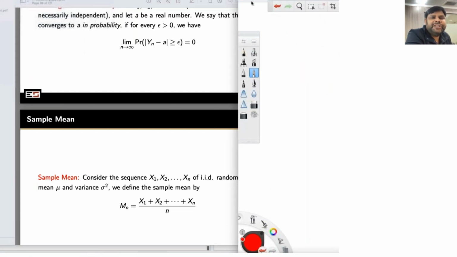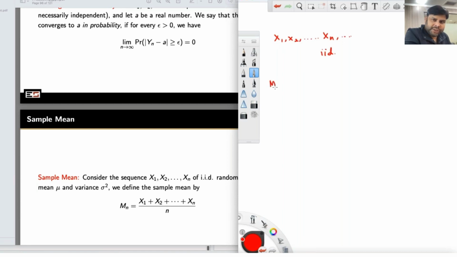We have an IID sample. Now from this we are going to create another sequence, which is the sequence of sample means.